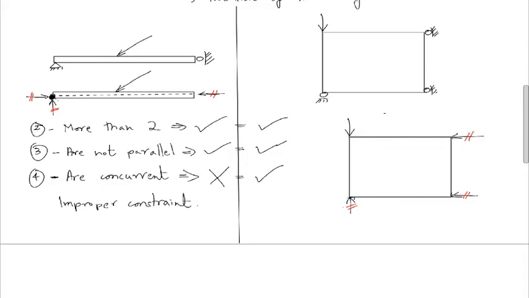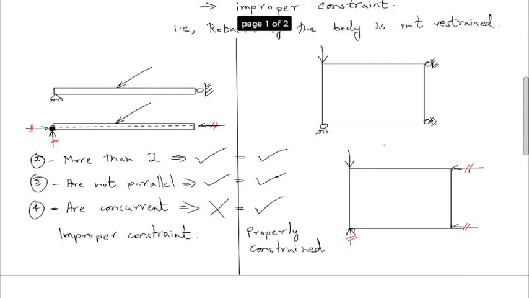And hence, I said that this was properly constrained. Now, the question that came up at the end was, what's the difference between these two systems, where the system on the left allowed the rotation and was improperly constrained, what's preventing the same rotation on the system on the right? Because you still have two rollers, and wouldn't this have the same rotation in this direction?